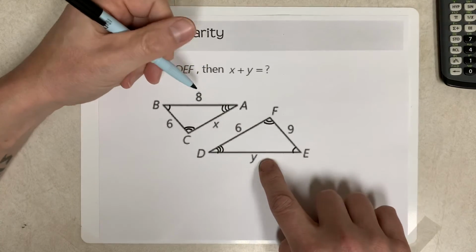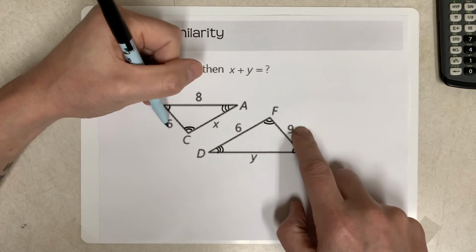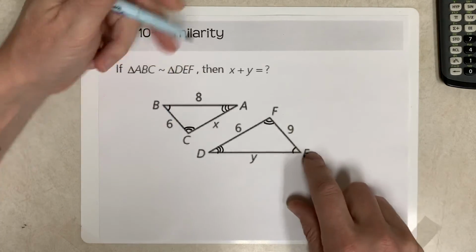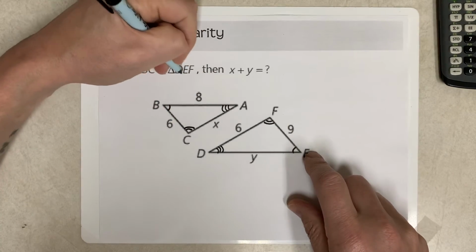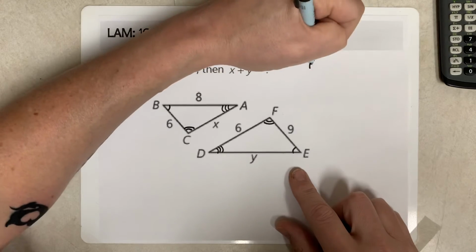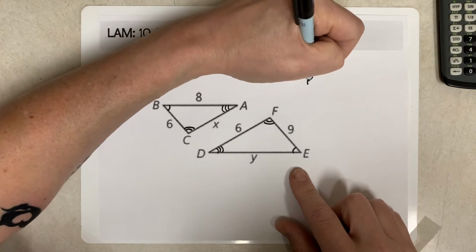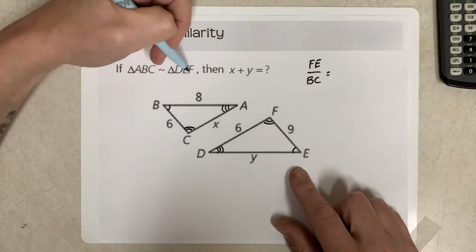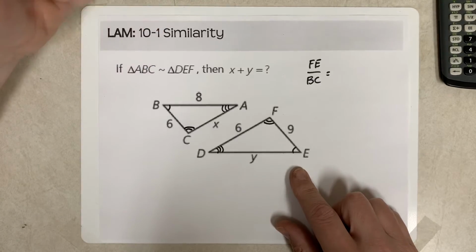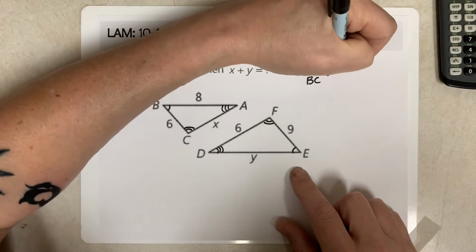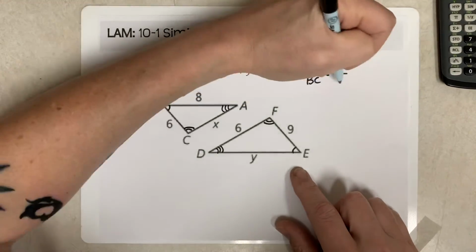Well, let's find our scale factor. We can't do these two. We can do these two. BC and FE. BC and FE, yes. So let's do FE over BC. So FE over BC is going to be 9 over 6.